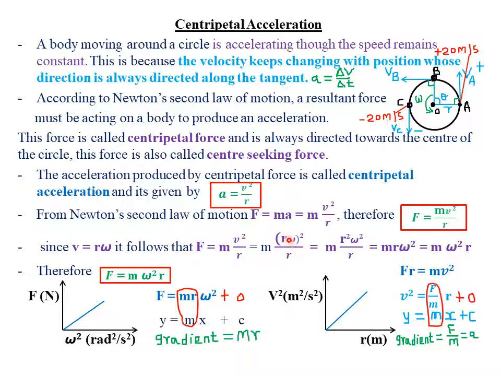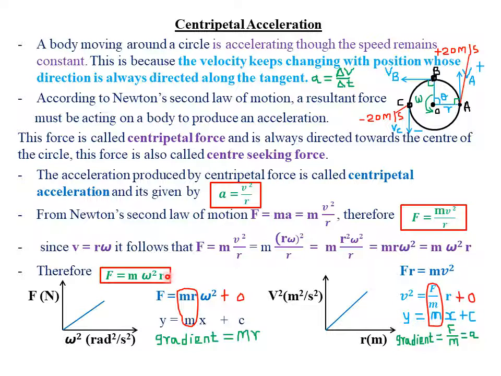If I open the bracket, I'll have mass multiplied by r squared omega squared over r. Of course r squared divided by r leaves r. Therefore the centripetal force is given by m r omega squared, which on rearranging is m omega squared r. So the centripetal force can as well be given by mass times the square of the angular velocity times the radius.